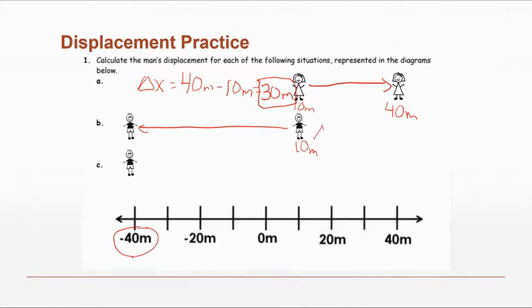So his displacement here is going to be negative 40 meters minus 10 meters, and that's going to be negative 50 meters. Okay. So you could give me that answer. You could also tell me that he has moved 50 meters to the left.